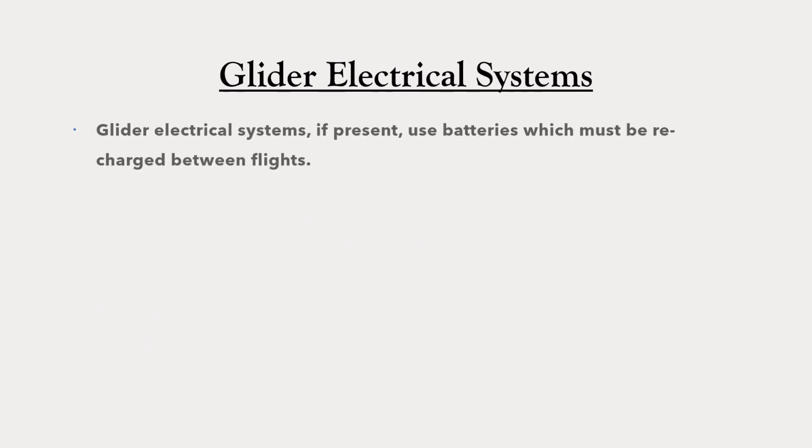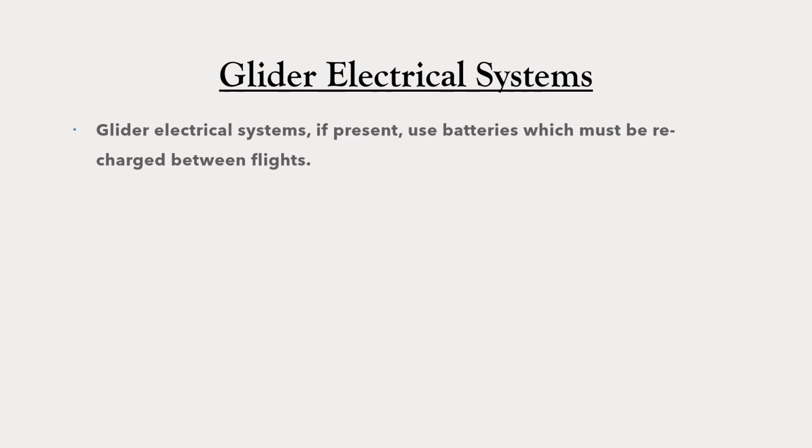So not all gliders have electrical systems. When they do, they use batteries as opposed to having, like a regular aircraft would have, an engine-driven alternator or generator that provides the electrical power.